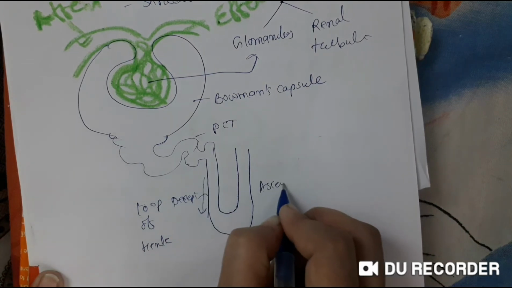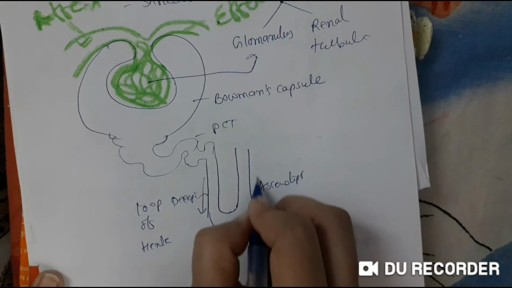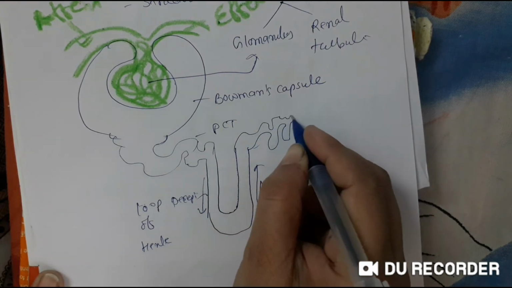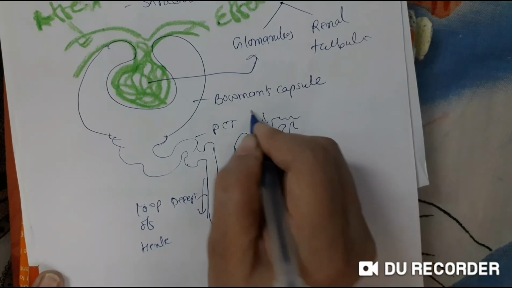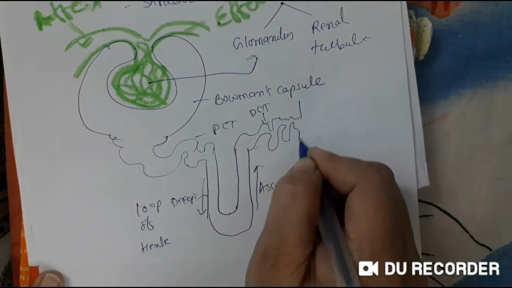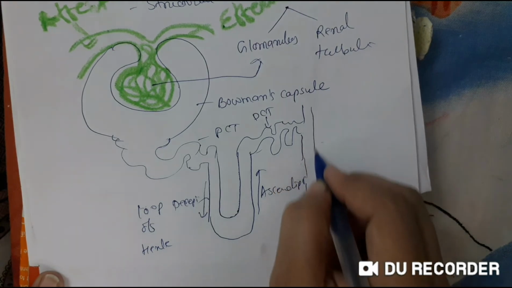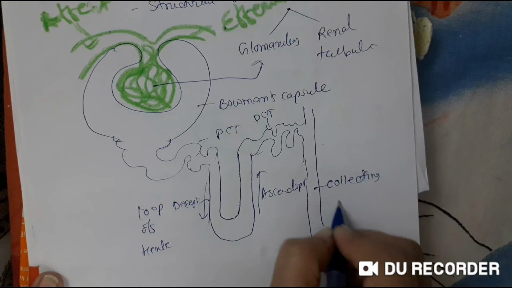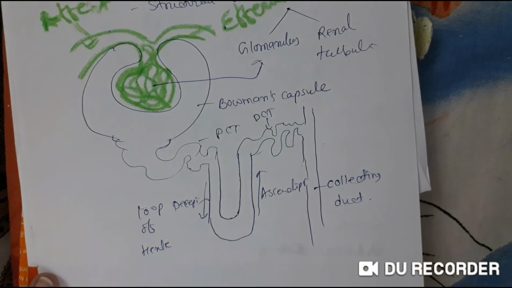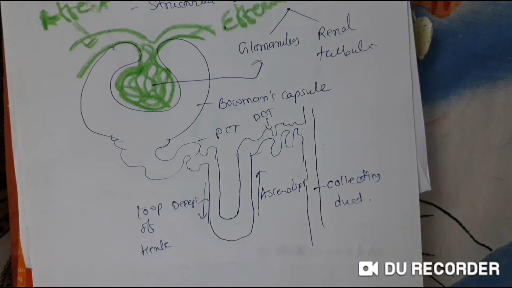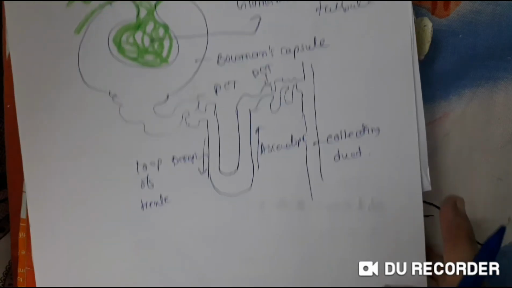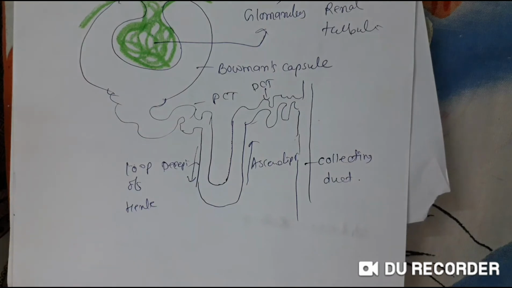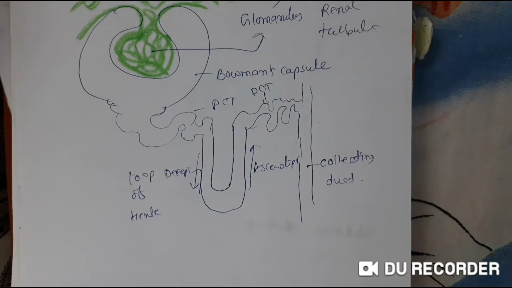This is the ascending part, moving upward. Then it again converts to a coiled structure, the distal convoluted tubule. And lastly it enters into the collecting duct. So this is what a whole nephron looks like, the structural unit which does the main function of filtration. Am I clear to you?